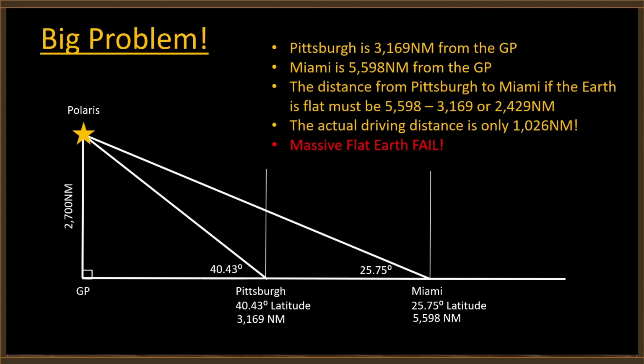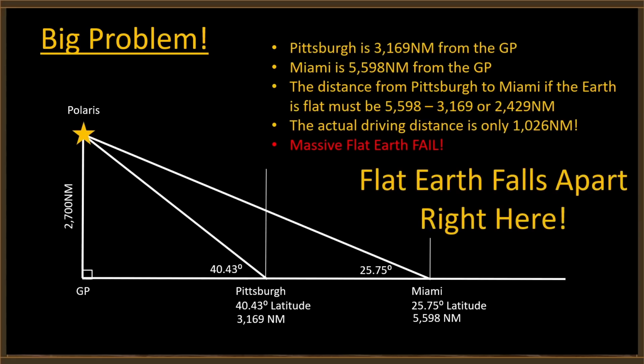The distance from Pittsburgh to Miami, if the Earth is flat, has to be the difference between those two measurements. 5,598 minus 3,169 is 2,429 nautical miles. The actual driving distance is only 1,026 nautical miles. This is a massive flat Earth fail. Flat Earth falls apart right here.